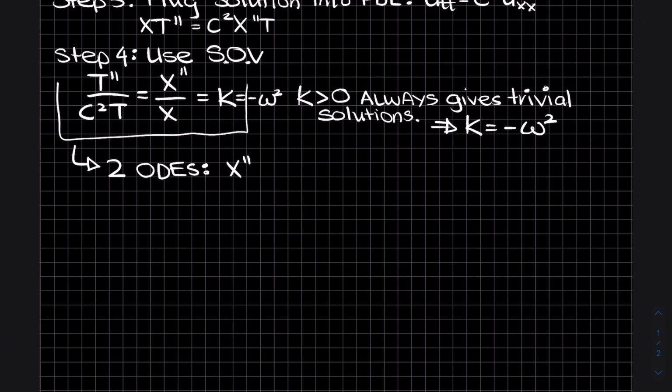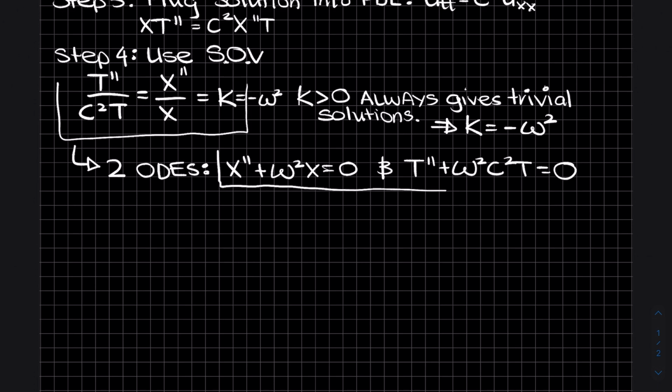I'm not going to talk about k. So x double prime plus lambda squared x equals 0. And it's also going to give us t double prime plus lambda squared c squared t equals 0. So these are our two very important ODEs that we'll be using.